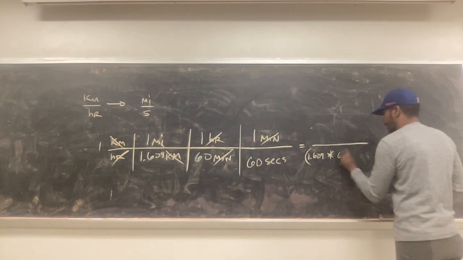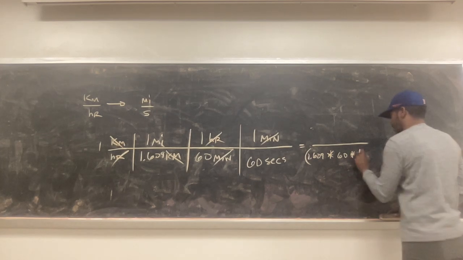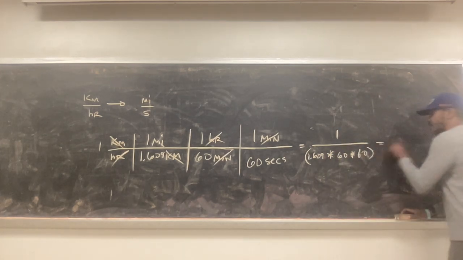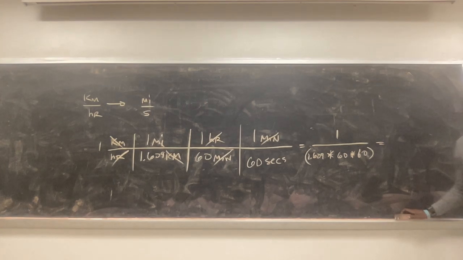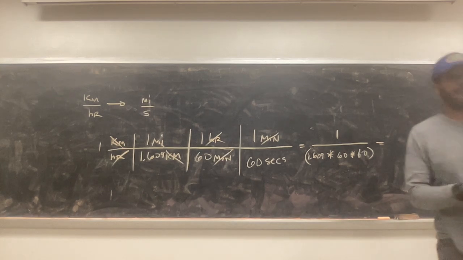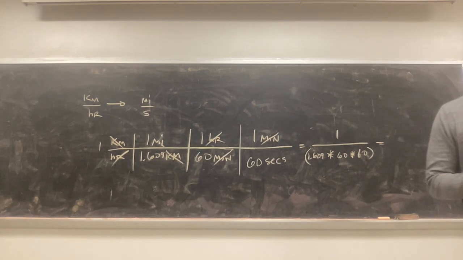times 60 times 60. The reason why you're probably getting it incorrect is the way you're entering it into the calculator. So how do you enter that? I did 1 divided by 1.609, and then divided that by 60, and divided it by 60.